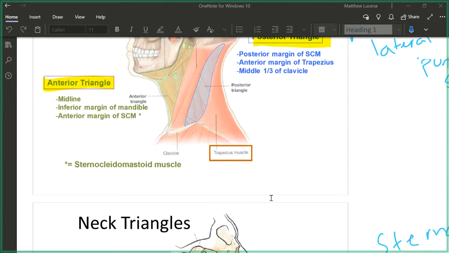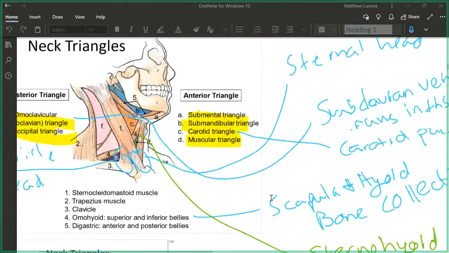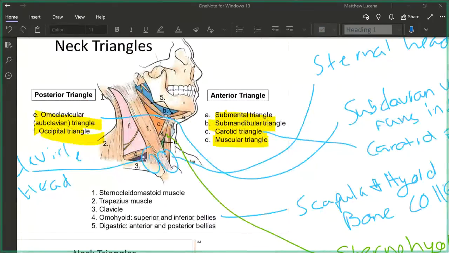We go down in here. These are the smaller triangles within each one. Within your posterior triangle, you only have two triangles: your omoclavicular triangle and your occipital triangle. Your occipital is up here, your omoclavicular is down here.